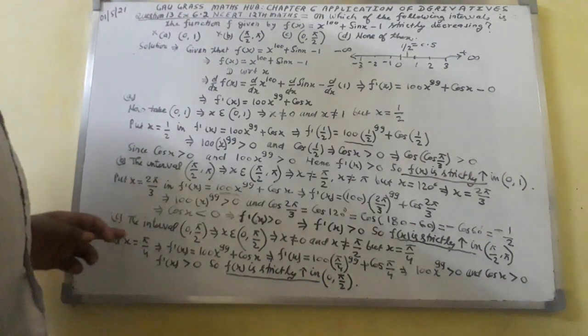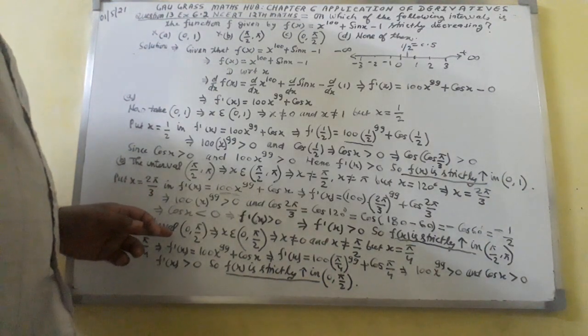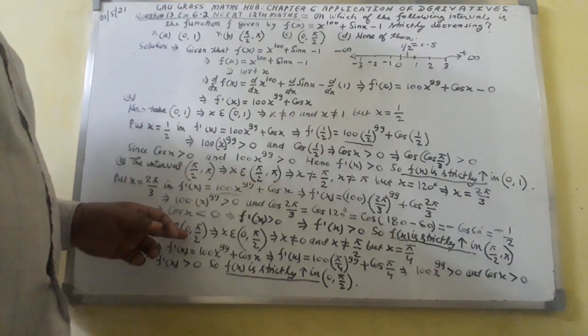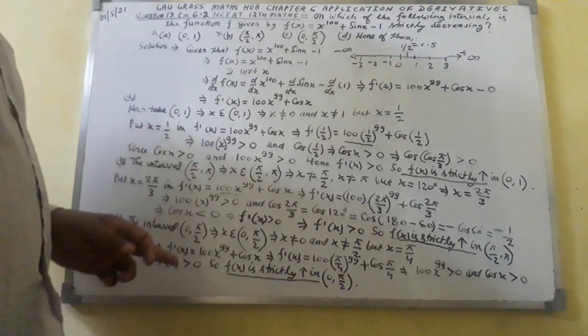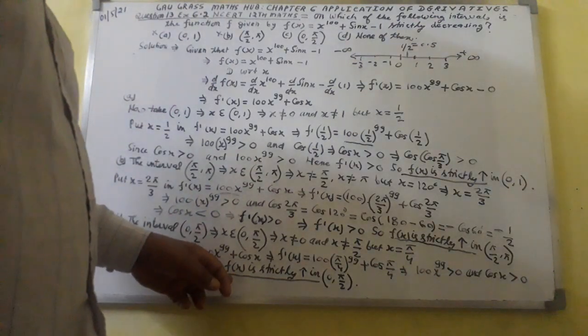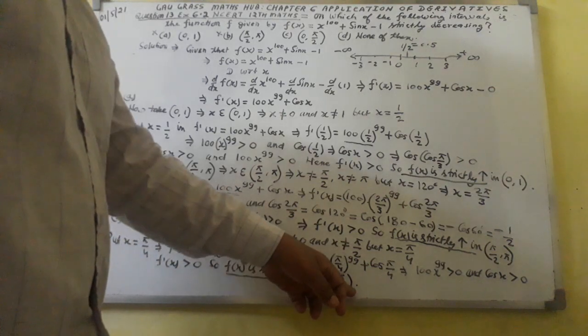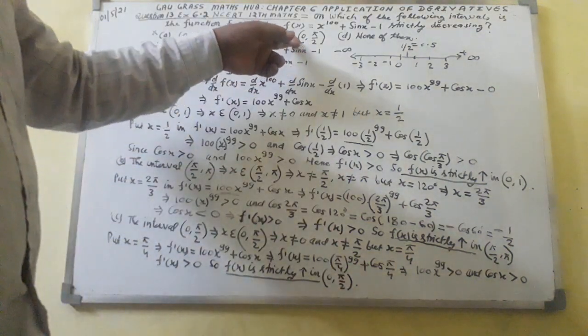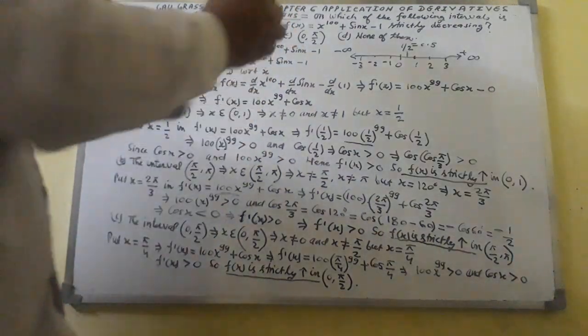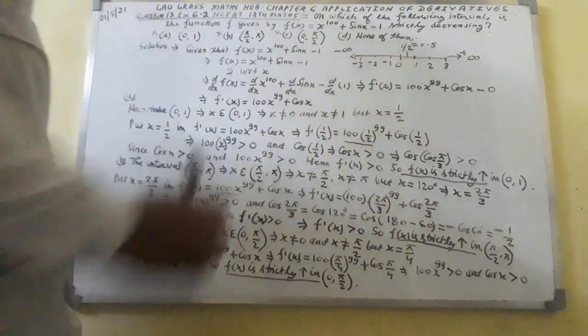And also under open interval 0 comma pi by 2, here you can see f of x is strictly increasing. Under this interval f of x is strictly increasing. This one is also not correct.